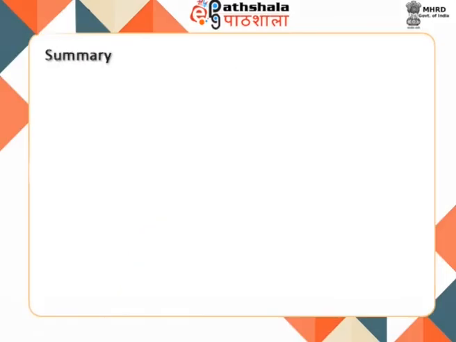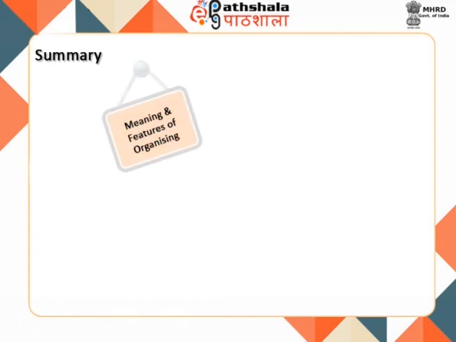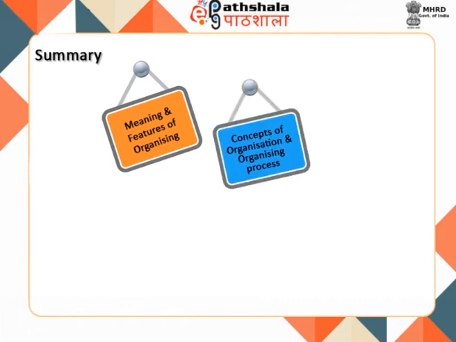Delegation of authority is the process of sharing the workload with immediate subordinates, and decentralization disperses authority to the lower level of management. Let us now summarize what we have learnt in this module. In this module, we have learnt about the meaning and the features of organizing, the concepts of organization, and the organizing process.